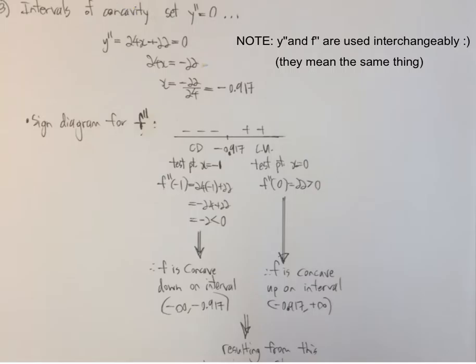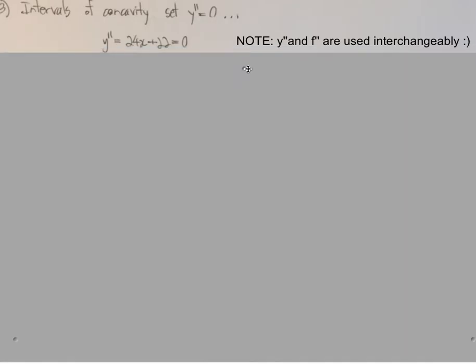So now we're asked to find intervals of concavity. Similar to the intervals of increase and decrease, where we set the first derivative equal to 0, to determine concavity, in other words, where the function changes from a frowny face to a smiley face, or from a smiley face to a frowny face, we have to find where the second derivative equals 0, because at some point the concavity changes.